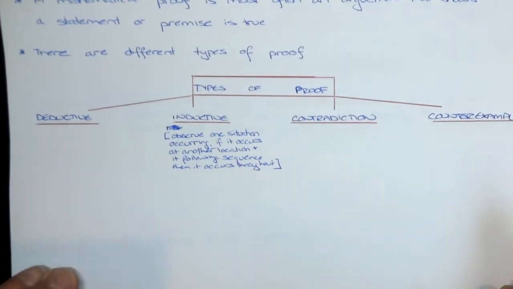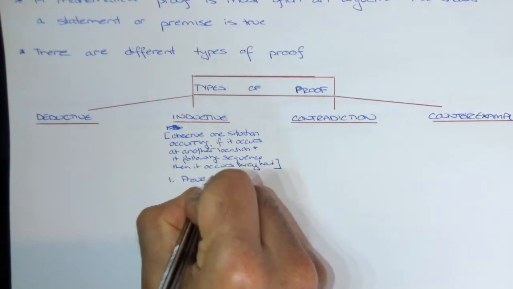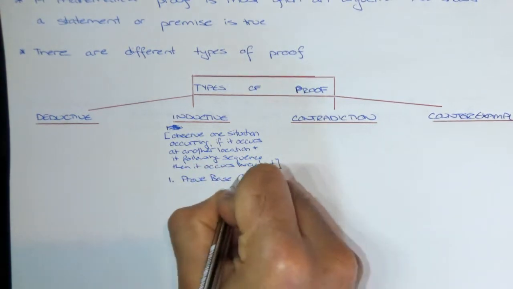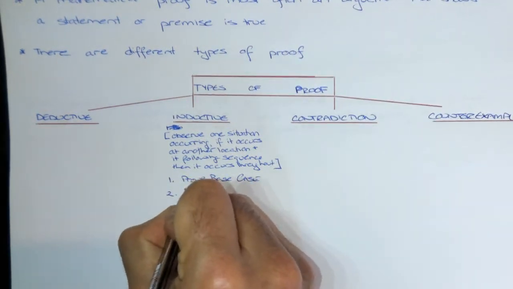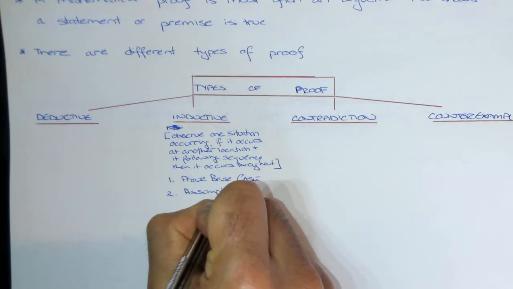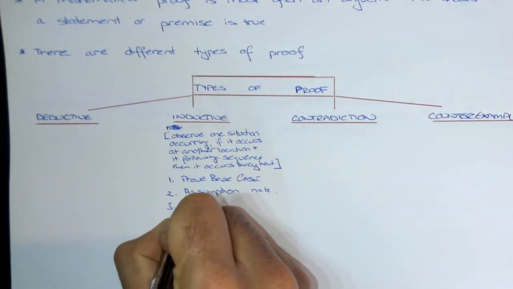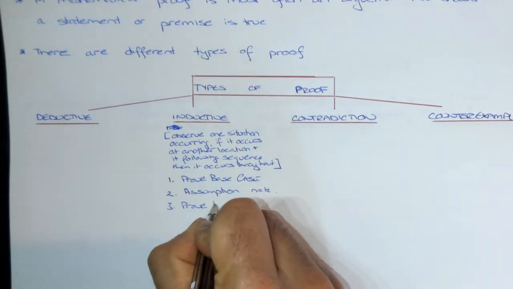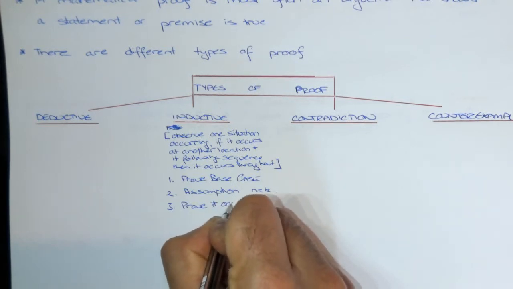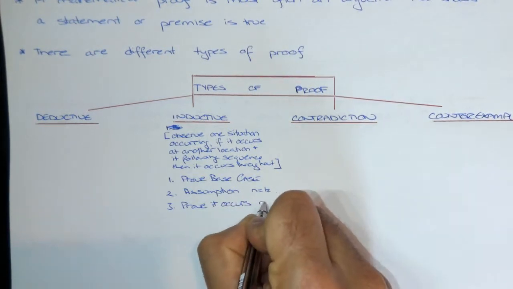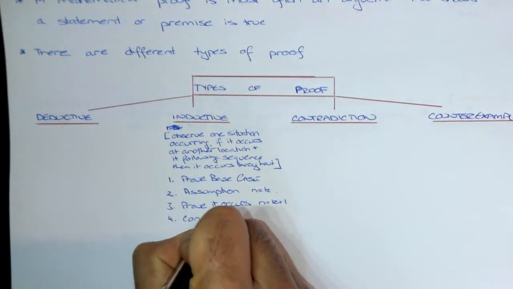There are steps: we have to prove the base case, we then need to make an assumption, we have to prove it occurs at the next step, and then we have to conclude.